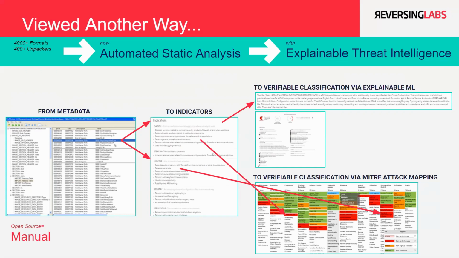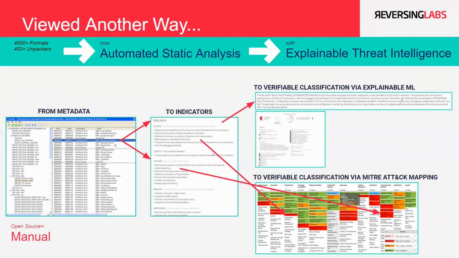Now, what ReversingLabs has done is we've gone through that metadata and translated it into these human-readable indicators, and you can see that we've got evasion. There's a variety of attribute values that indicated the following behaviors, and we put it in simple English. Disabled services related to common security products. Okay, that's definitely an indicator of potential risk, bad behavior, if you will.